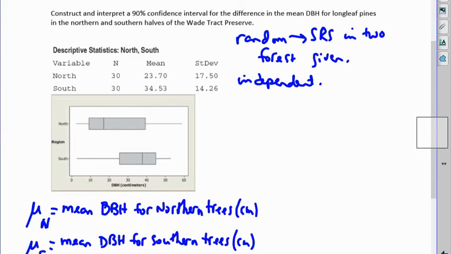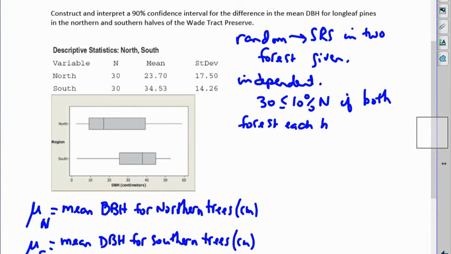I would say that 30 is less than or equal to 10% of N if both forests each have over 300 trees. Since they both were at 30, I'm just writing that once.